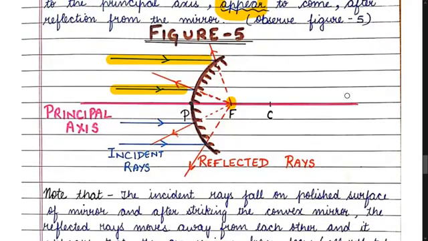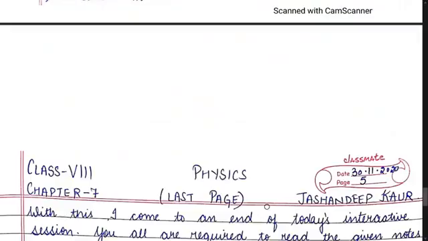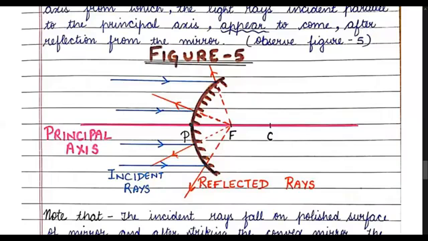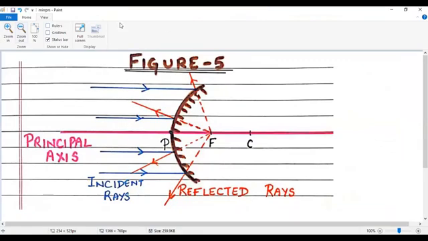So students, first of all, kindly observe figure number 5 drawn on page number 4 of your notes sent to you on 30th November 2020. In figure number 5, we have a ray diagram of a convex mirror.